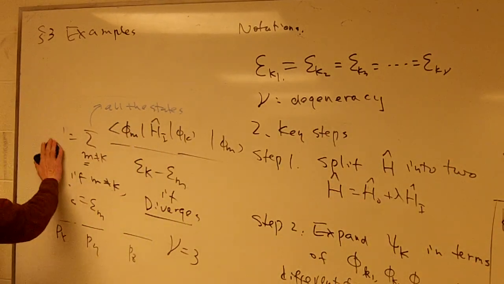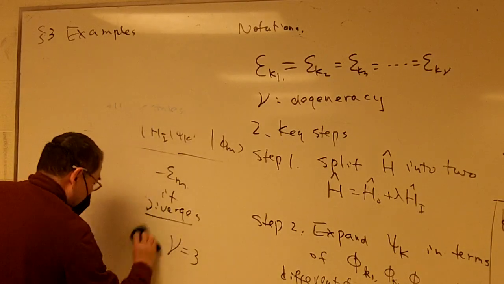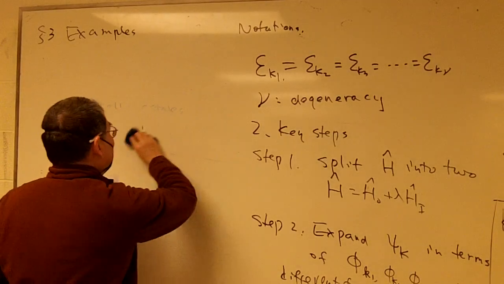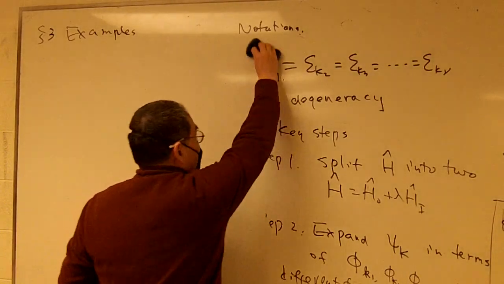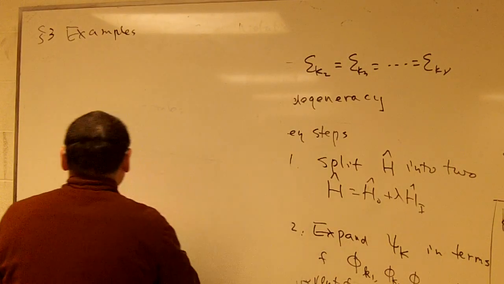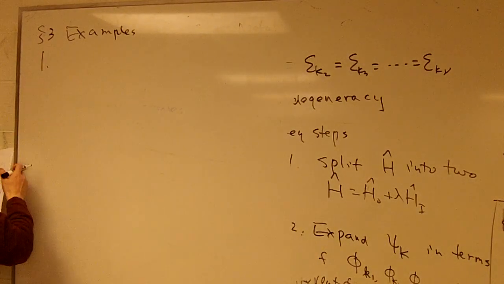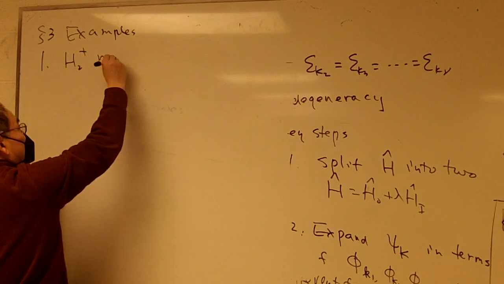We will show 2 examples, and both of these are really interesting examples of degenerate perturbation theory, showing how we actually do the calculation. So our first example is the H2 plus molecule.